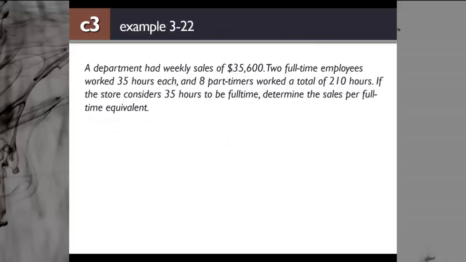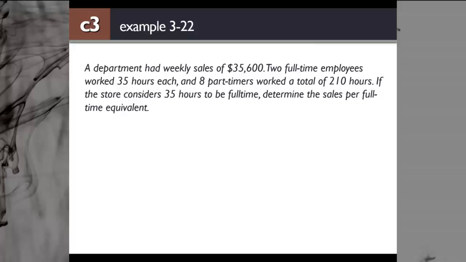A department had weekly sales of $35,600, and you have 2 full-time employees who worked 35 hours a week. So that means you have 2 full-time employees. And you also have 8 part-timers who worked a total of 210 hours. If the store considers 35 hours to be full-time, determine the sales per full-time equivalent.